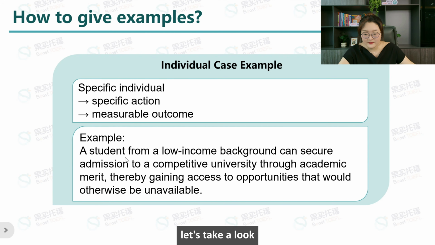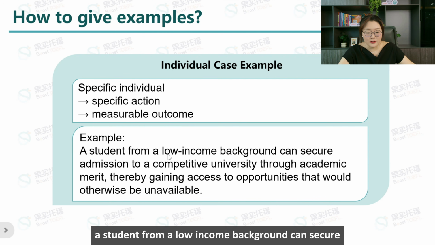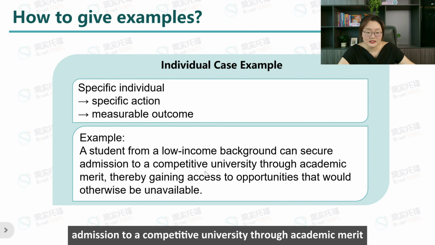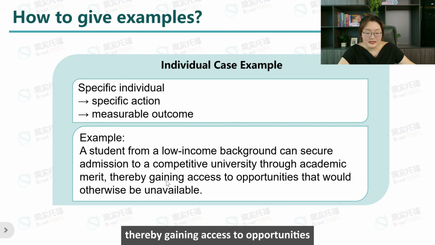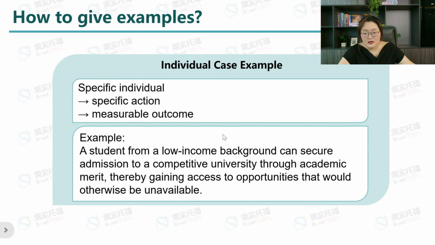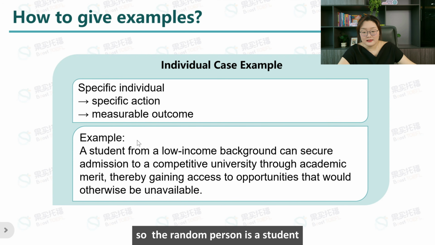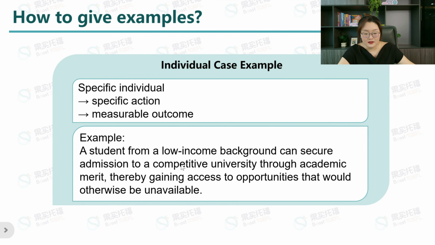So let's take a look. A student from a low-income background can secure admission to a competitive university through academic merit, thereby gaining access to opportunities that would otherwise be unavailable. So the random person is a student from a low-income background. And what did he do?